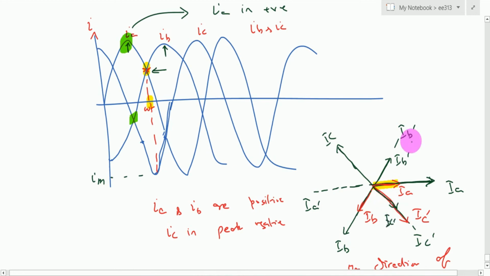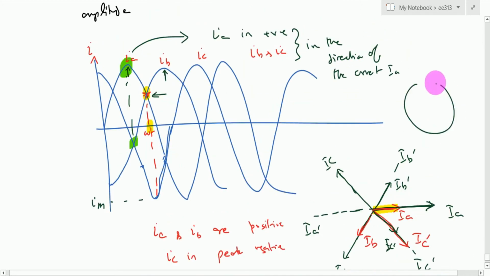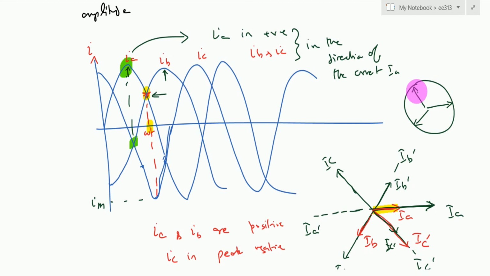So the combined effect at this instant of time is in the direction of the current IA. In a nutshell, the resultant is in this direction, sometime it is in this direction, and for some other time period it is in this direction. Consequently, if we apply a three-phase set of currents to a winding which is placed 120 degrees apart, there will be a rotating magnetic field in the circuit. This is for sure now.